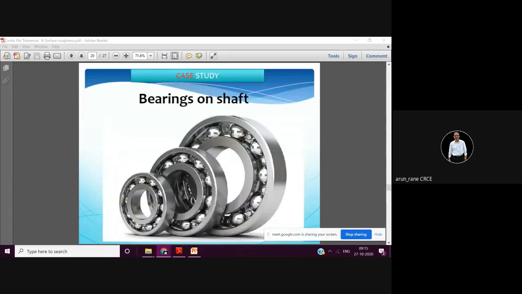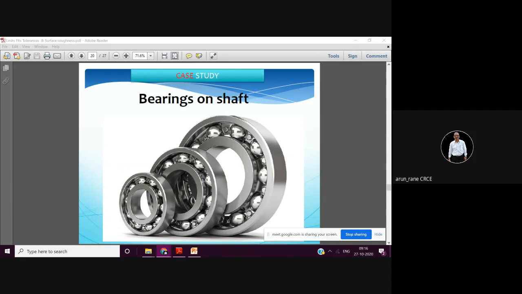Now what happens? If you directly rotate the shaft in the housing and it is continuously rotating, then either the shaft will wear out or the housing will wear out, depending upon the kind and quality of the material. If the shaft material is inferior or soft, then obviously the shaft will wear out.